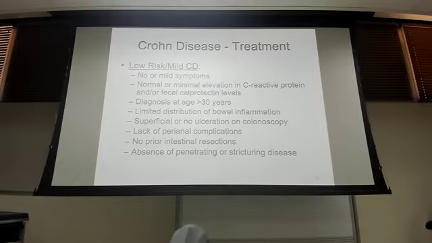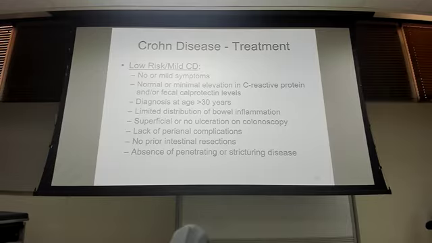So now we move into treatment for low risk or mild Crohn's. So in this category, really no or mild symptoms. C-reactive protein and fecal calprotectin levels are normal or mildly elevated. Usually the diagnosis is over 30 years of age. So it's kind of late onset Crohn's, over 30 years.